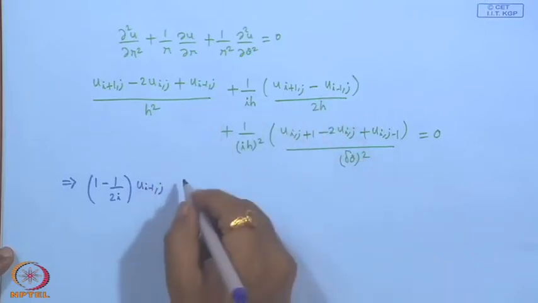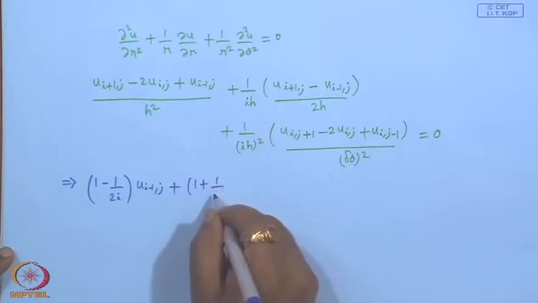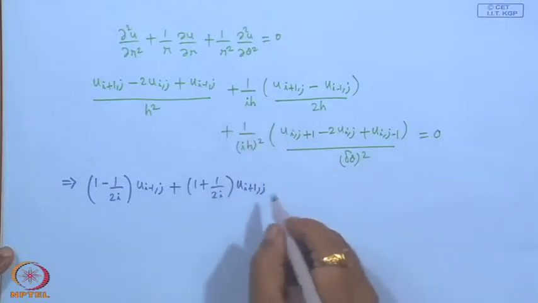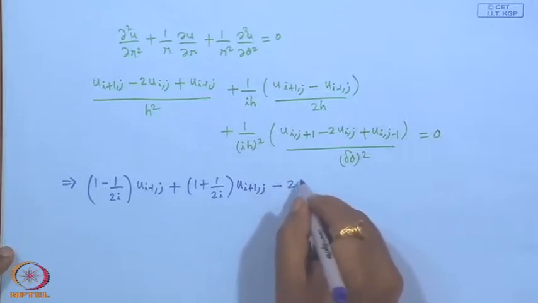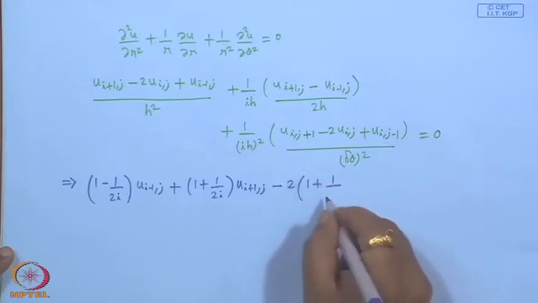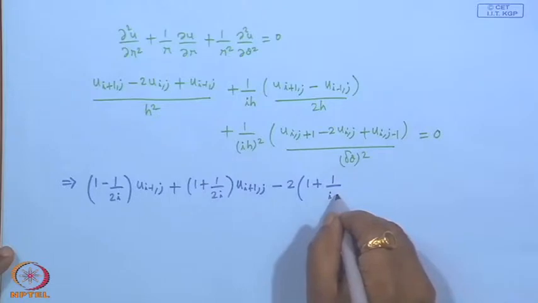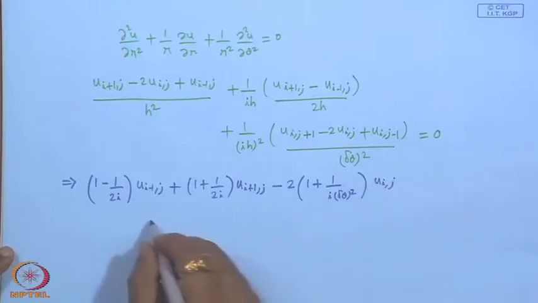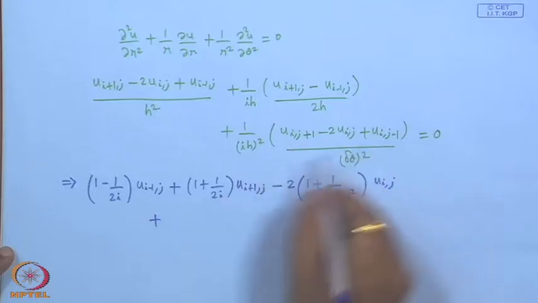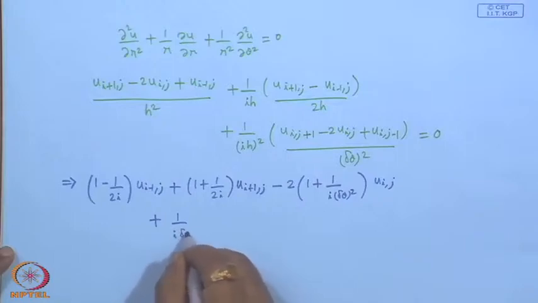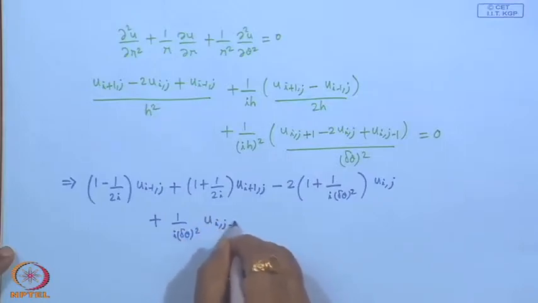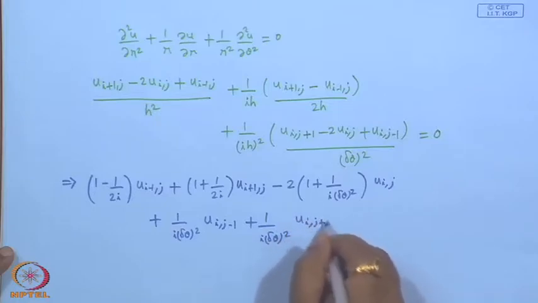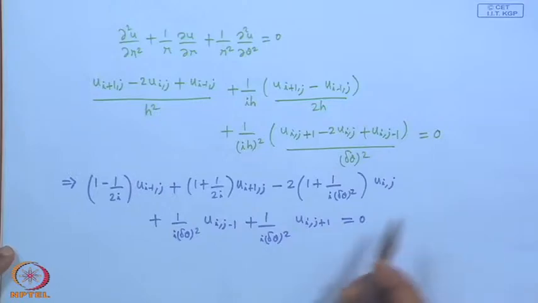So, u I minus 1 j first, then 1 plus 1 by 2 I, u I plus 1 j, then minus 2 times 1 plus 1 by, so h square is cancelled, I delta theta square, u I j plus these j plus 1 and j minus 1 terms. So, this is our discretized equation.